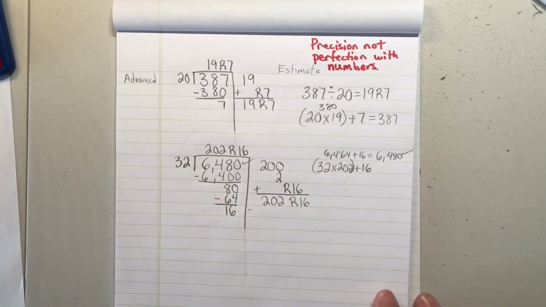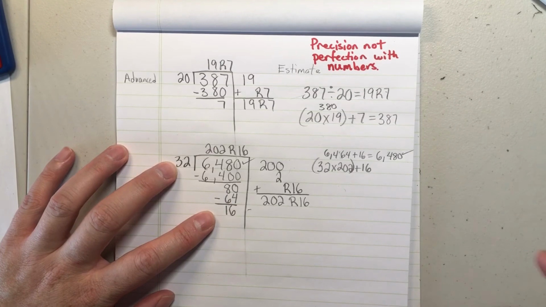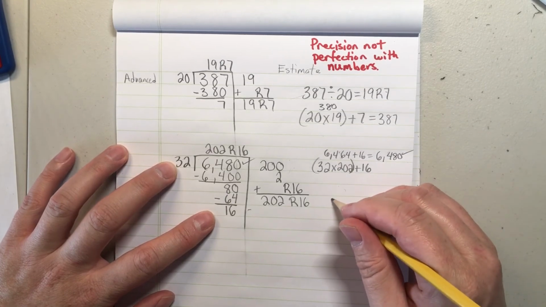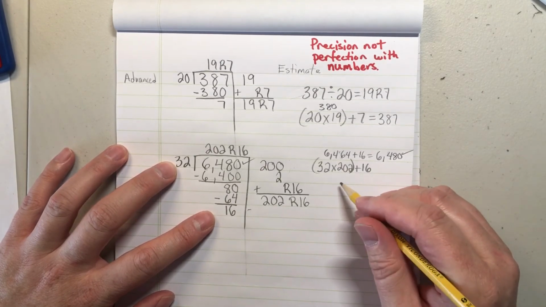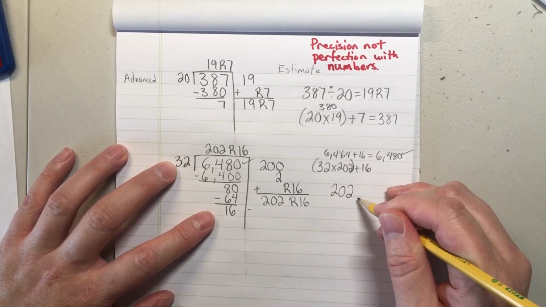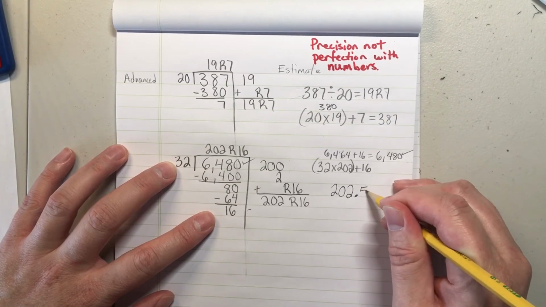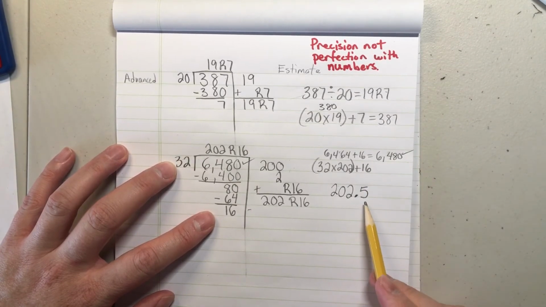Now, another thing that I think is cool here is if I'm looking at this, this is for the advanced mathematics. So 202, I can actually express that as 202.5 as a decimal for the answer.